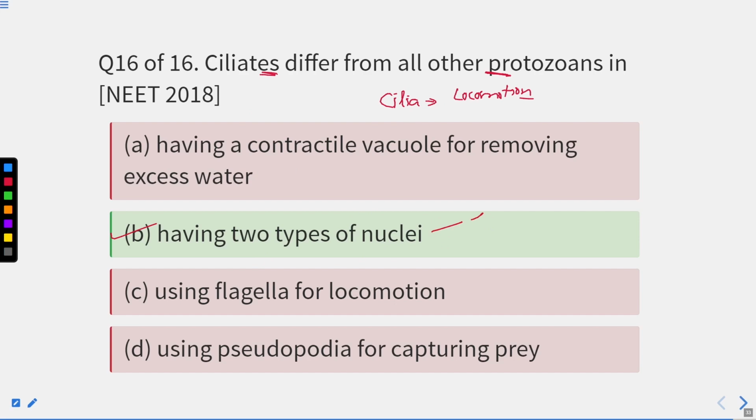First is the somatic macronuclei, and second is the germline micronuclei. So two kinds of nuclei are present in the ciliates.